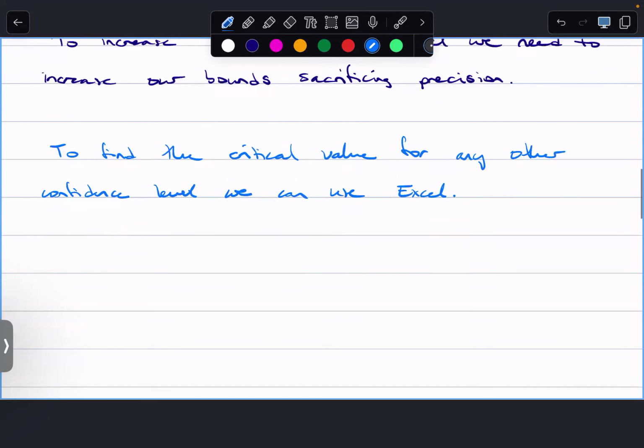We'd have to think, okay, I've still got this normal distribution centered on p, and let's say I want to make a 90% confidence interval. I'm going to force this central area to be 90%.